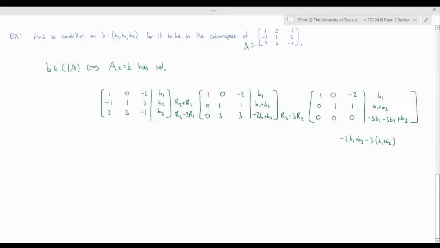So then for a solution to this system of equations to exist, we would need the right-hand side, this entry in particular, to be equal to 0 for there to be a solution.